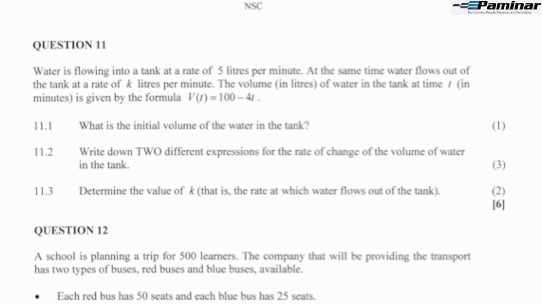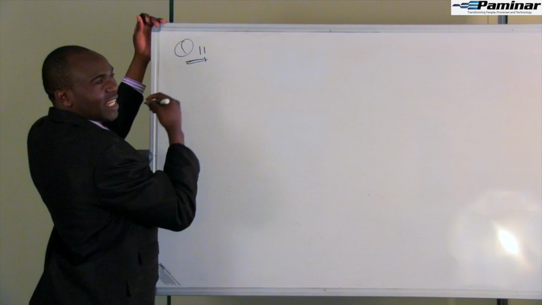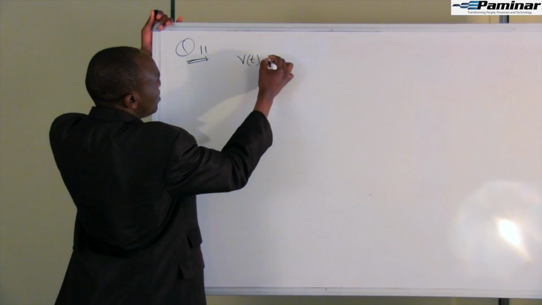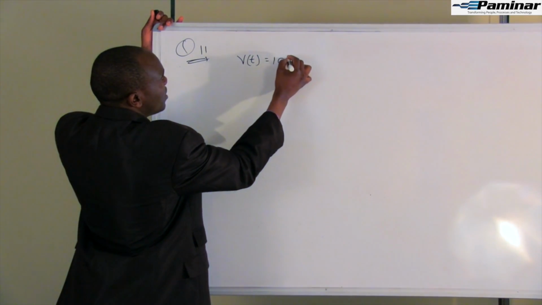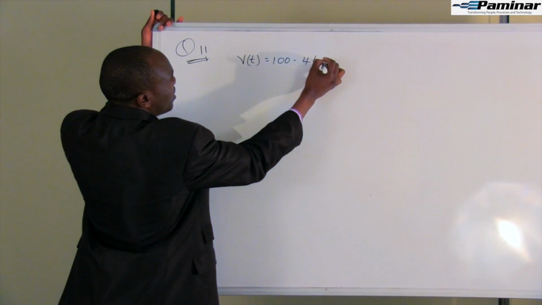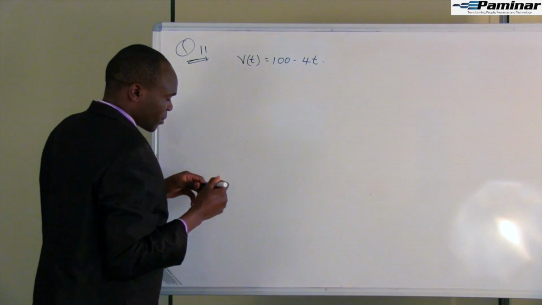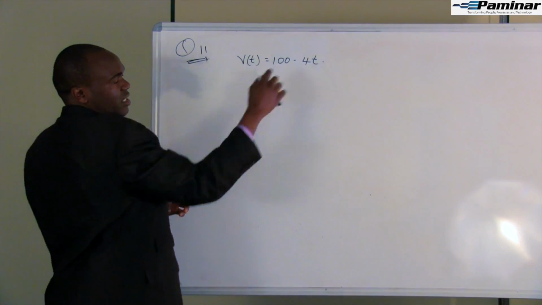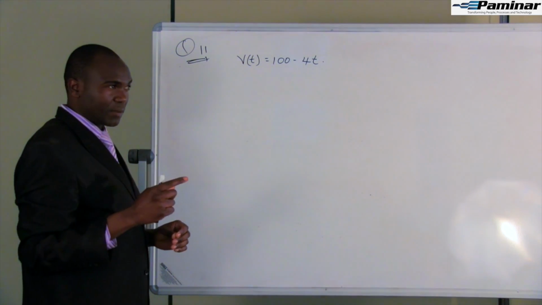The volume in liters of water in the tank at time t in minutes is given by the formula V(t) is equal to 100 minus 4t. Now the question is saying 11.1.